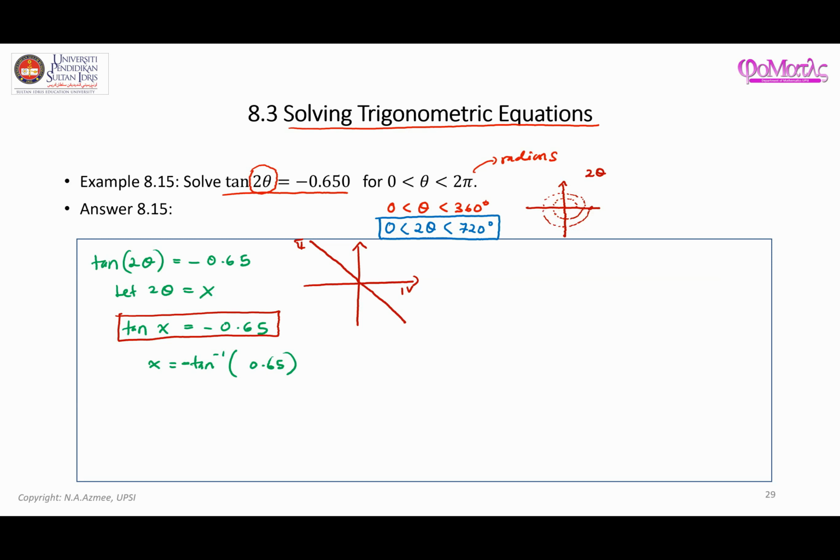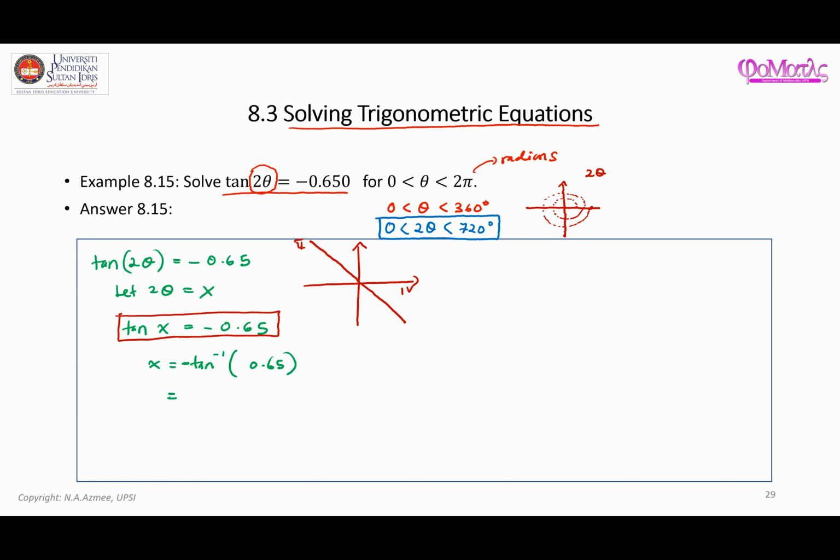Next, you punch in the calculator, and you will get that the inverse tangent of 0.65 is about 33 degrees. So I'm going to write down the answer: about 33 degrees.